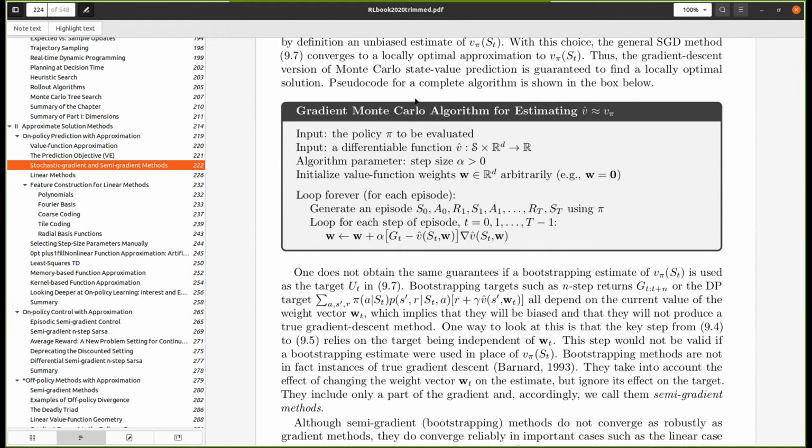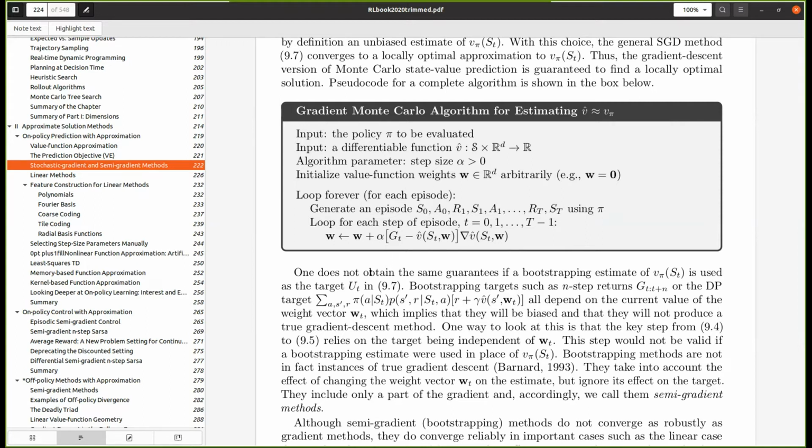So in the Monte Carlo algorithm, we have a complete episode. Here we use the expected returns G sub t as our update goal, right? And in the Monte Carlo algorithm, the expected returns are unbiased because we just sample them independently.